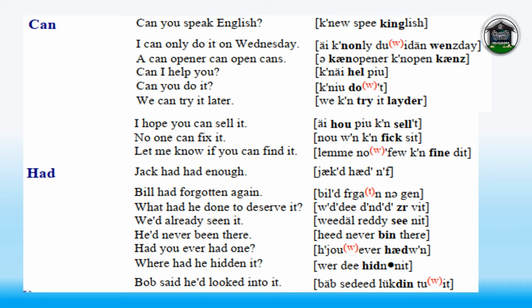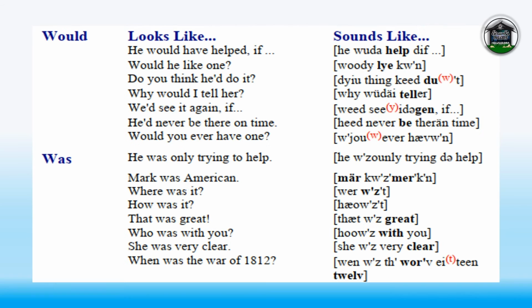Had you ever had one? Where'd he hidden it? Bob said he'd looked into it. Would. He would have helped if. Would he like one? Do you think he'd do it? Why would I tell her? We'd see it again if.